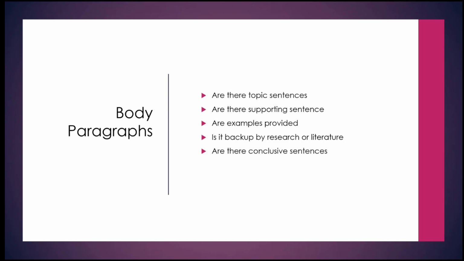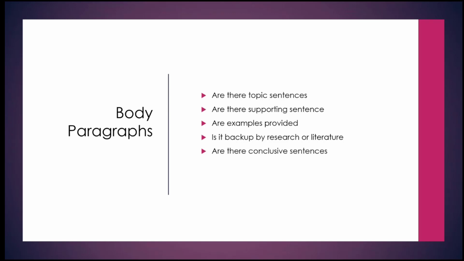So one of your body paragraphs will be addressing one of these consequences. So let's say we're looking at loss of employment as a negative consequence of COVID. So your topic sentence will be, one of the main consequences of COVID is loss of employment.